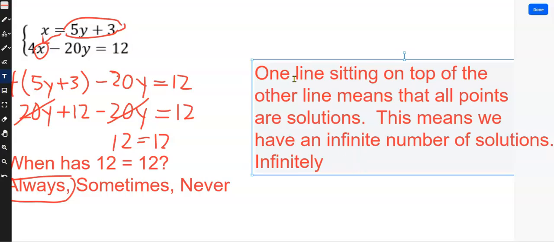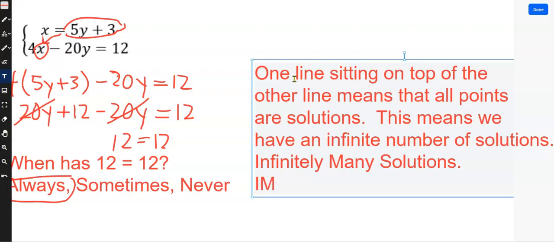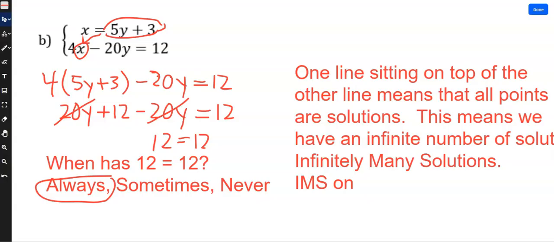Many solutions. And so a lot of times you will see teachers abbreviate that IMS. Okay? Infinitely many solutions. But I'm going to go one step further. Your answer better say infinitely many solutions on, and then you actually have to name the line.